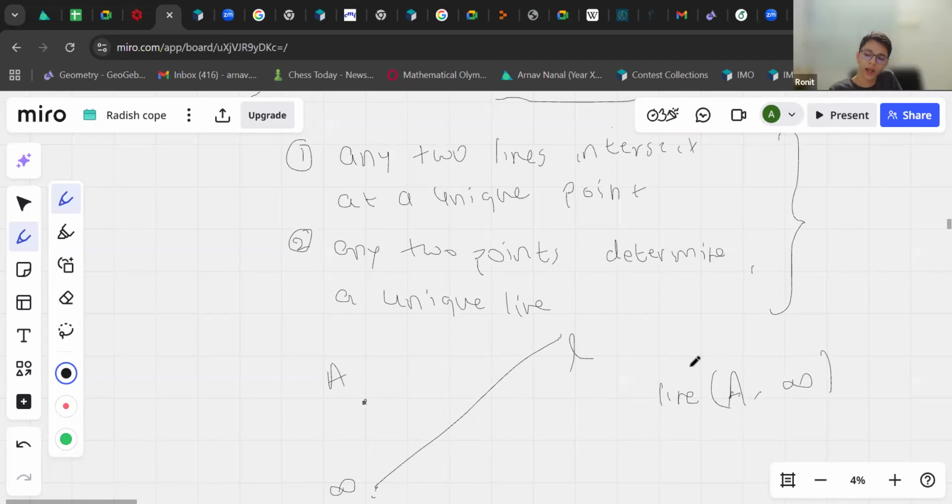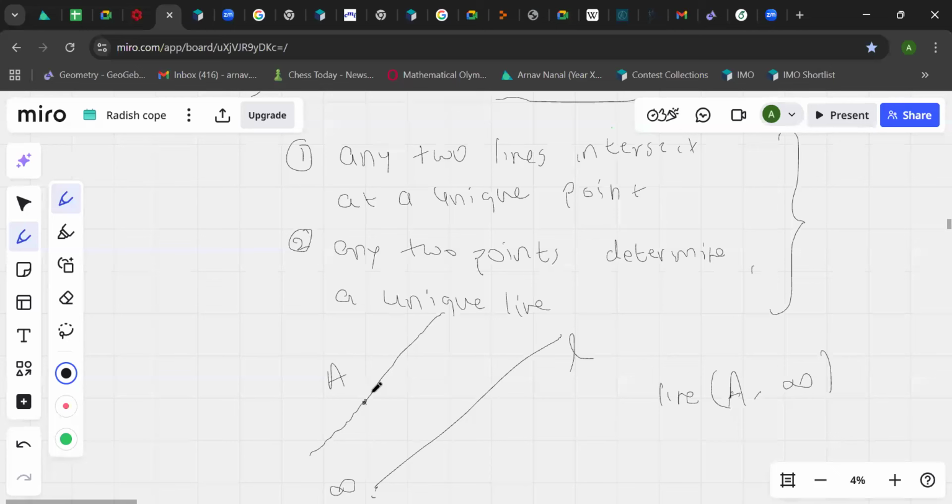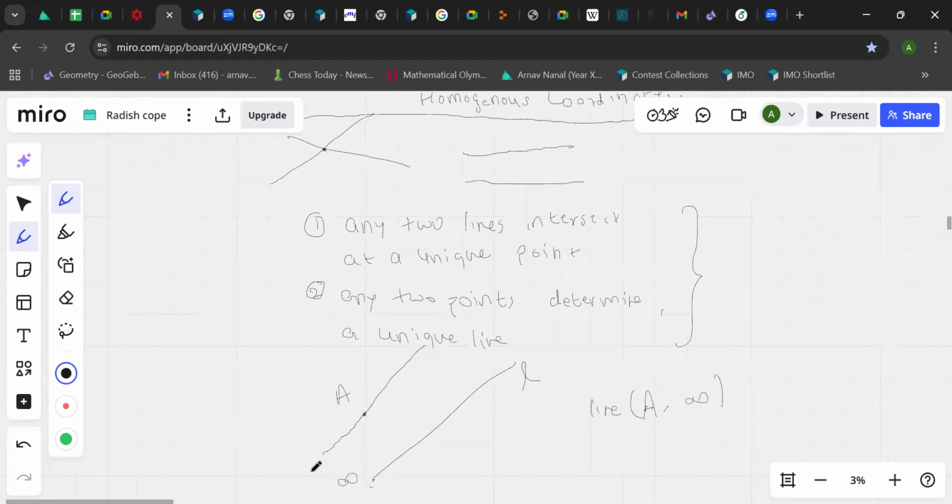A line parallel to L at A. Exactly. When these are parallel, this point at infinity will also lie on this line. So that's the line we want.